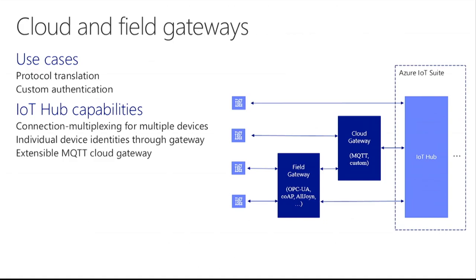We see, for instance, here that a cloud gateway could offer protocol translations between MQTT and AMQP on talking to IoT Hub, or also any other custom protocol that you might have in your own IoT solution. Field gateways, on the other hand, also allow you to interface with devices that are not IP capable.